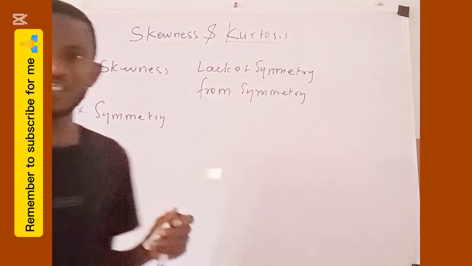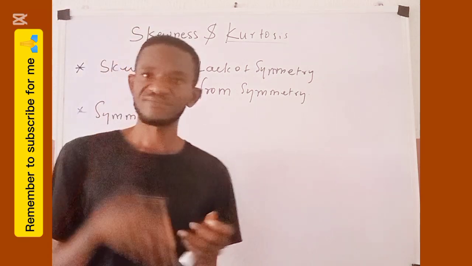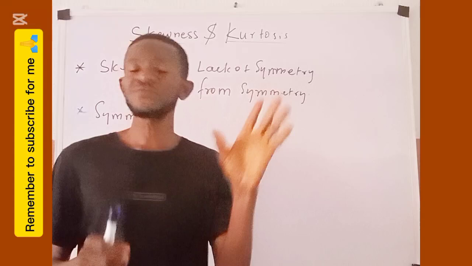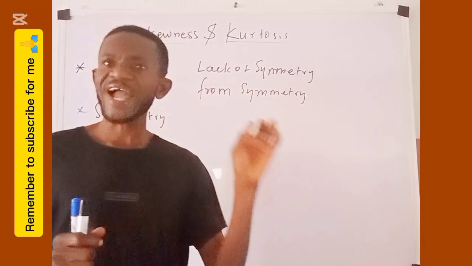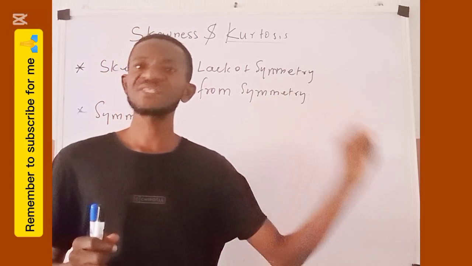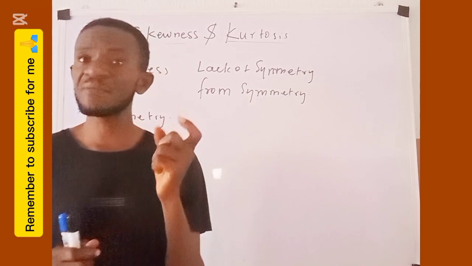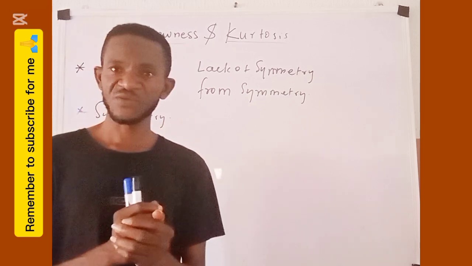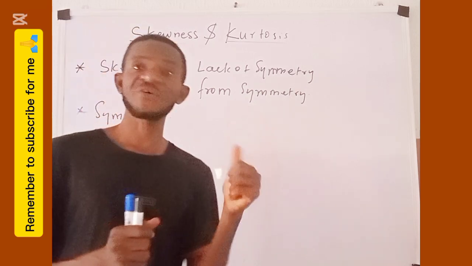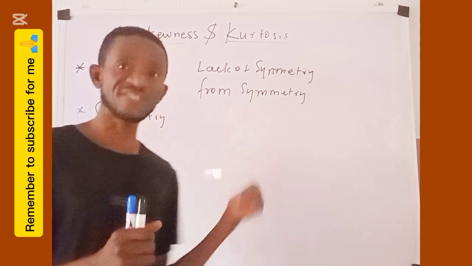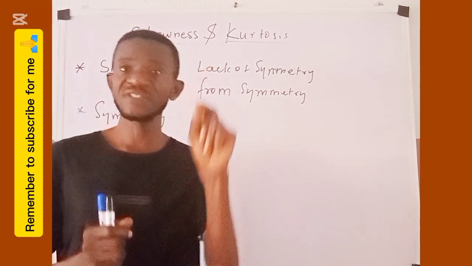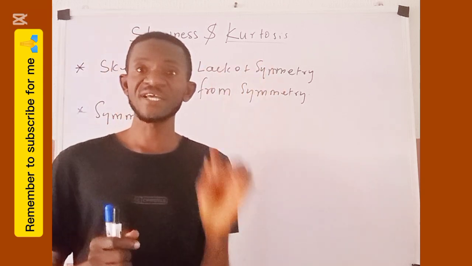A distribution is said to be symmetrical if and only if the right-hand side of the data set or the distribution is the same or similar to the left-hand side of the data or of the distribution. That is only when we say that a distribution is symmetrical.